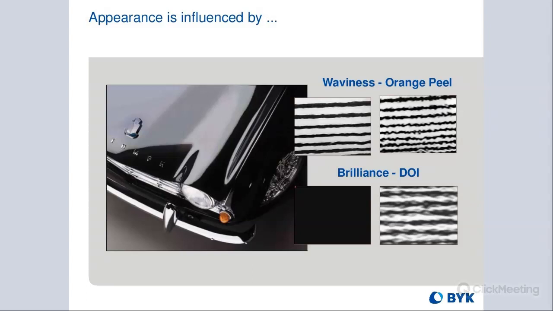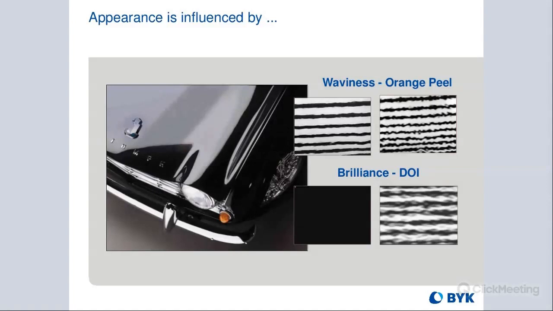Okay, so here we're talking about very high gloss surfaces, high gloss paint jobs mostly, but this also can apply to things like plastic films. We're looking here at a car body, and when we have very glossy, very highly reflective surfaces like that, appearance can be influenced by the waviness.